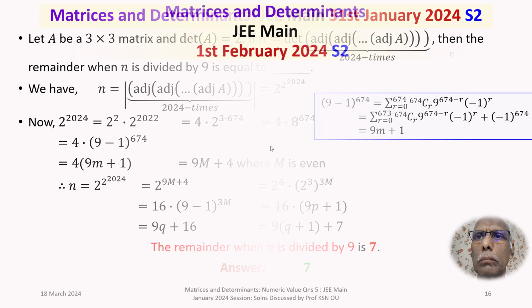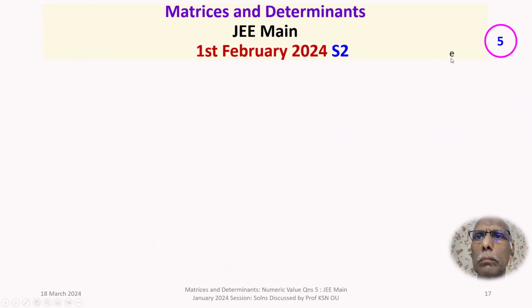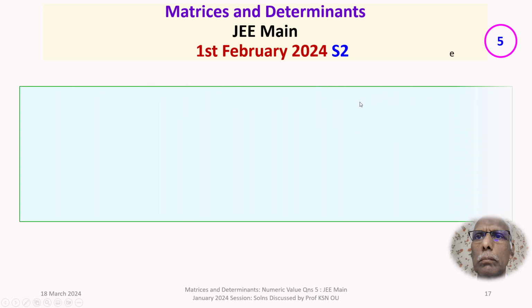We move on to the fifth question, and it is the last question in these numeric value questions. Right. And this question has appeared in the JEE main examination held on 1st February 2024 in the second shift.